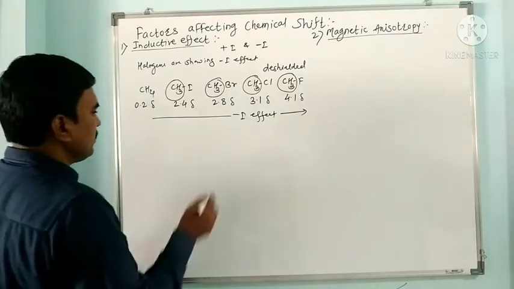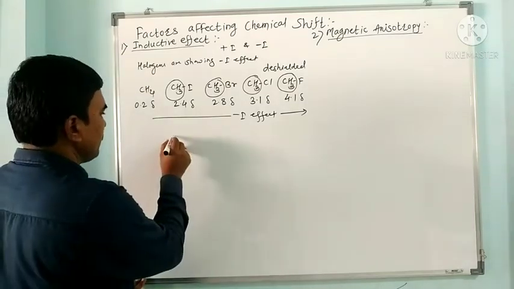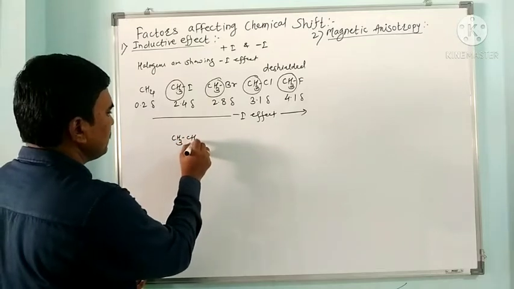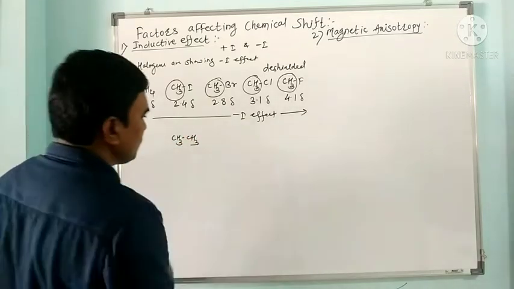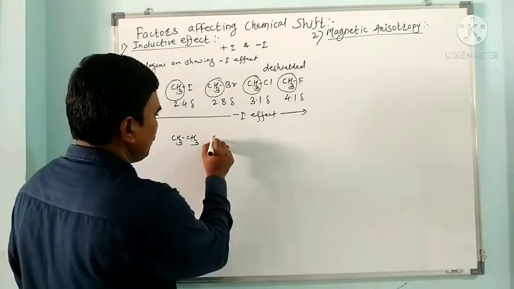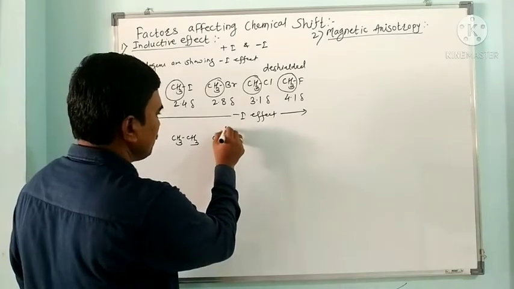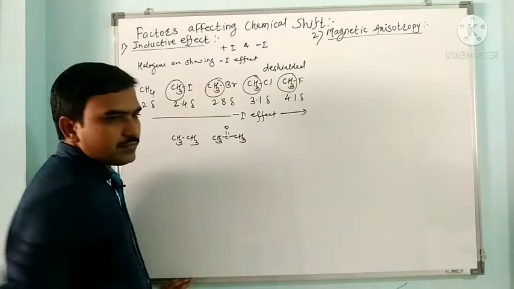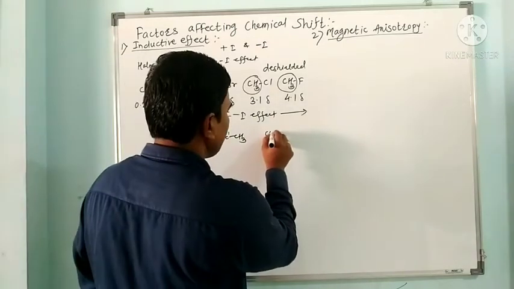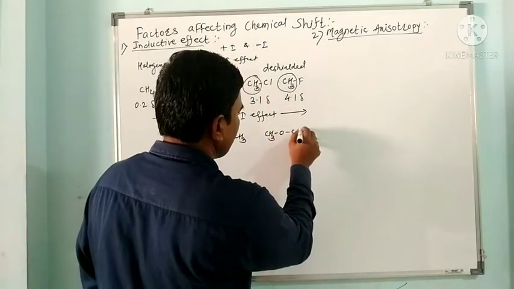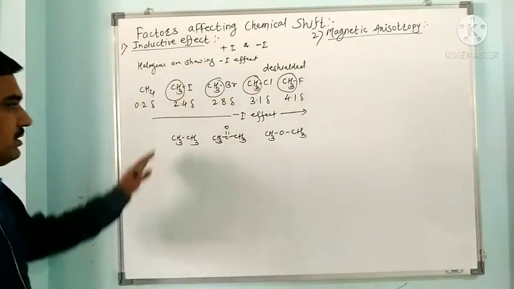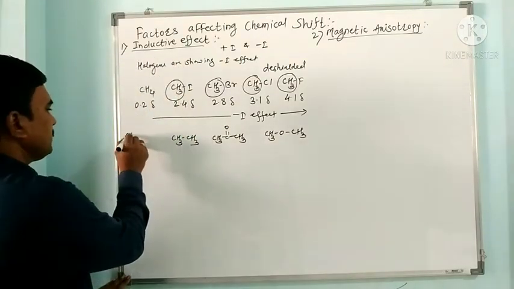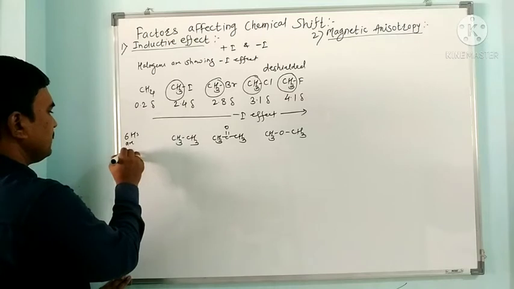If you see another example, such as ethane, CH3, CH3, there are 6 hydrogens. The next example is acetone, CH3, C double bond O, CH3, and then dimethyl ether. In each example, all the 6 hydrogens are identical.